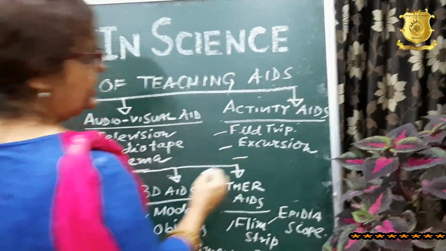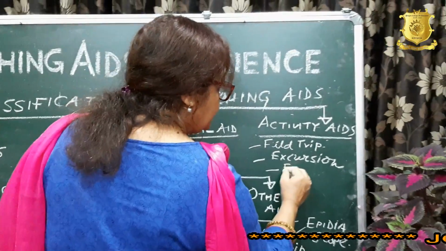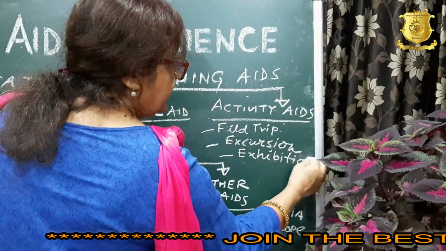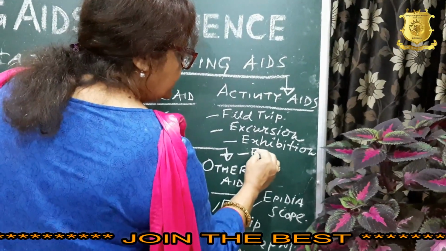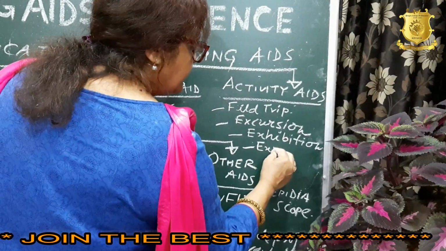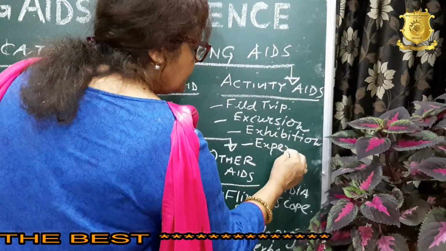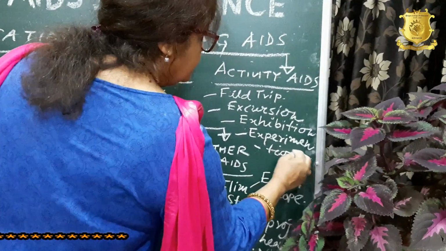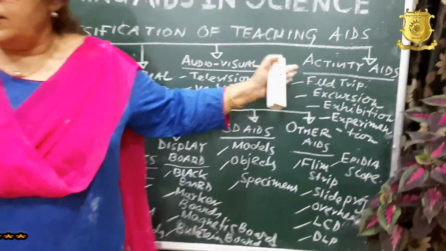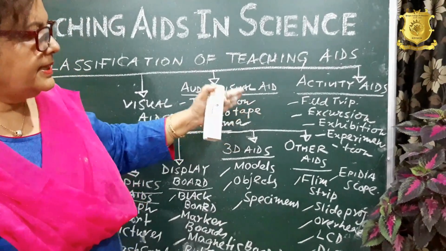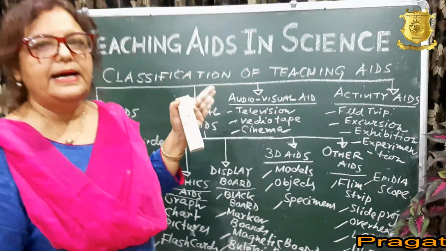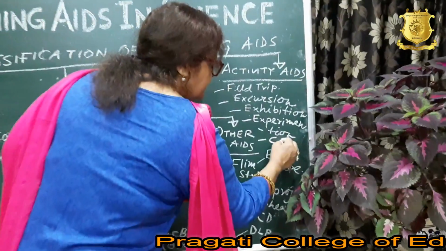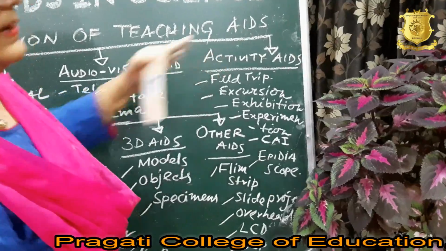Then we take part in exhibitions, especially in science. Then sometimes we have to do experimentation. This is another example of activity aids. And one more is computer assisted instruction, CAI. This is also an example of activity aids.